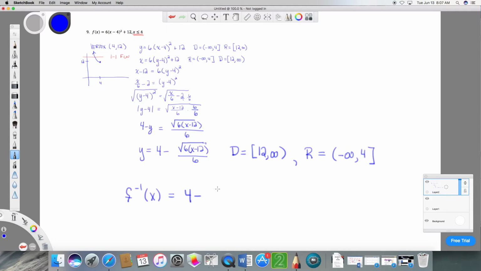And I have 4 minus the square root, and I don't think that I need to distribute that. I can just leave it like this. And of course, my domain, actually I don't have to tell people because it's implied by the square root, but I'm keeping that x greater than or equal to 12.